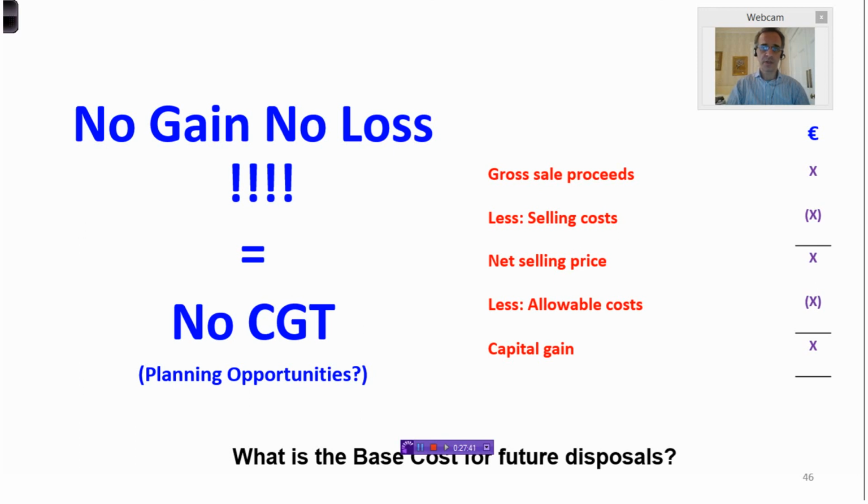Now, this does give us some CGT planning opportunities if you think about it, because what they could do is avail of this rule to transfer some assets to each other on a no gain, no loss basis, and perhaps ensure that the second person avails of the gain. Maybe they have other CGT transactions on which CGT is going to be payable, and they want to utilize the 1270 of the second person.